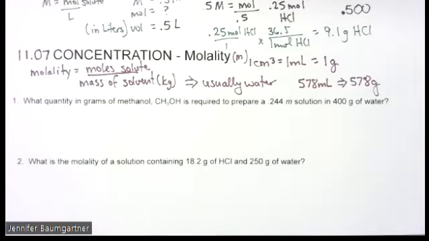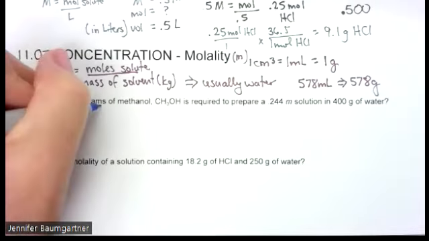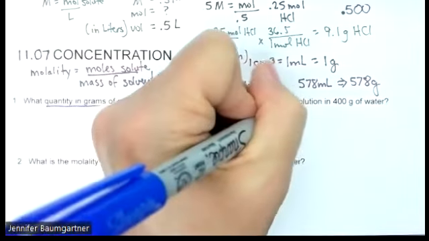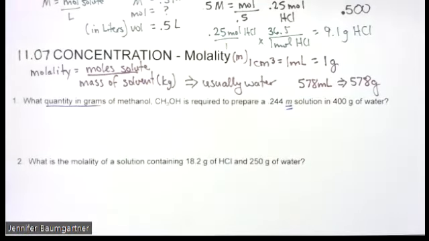What quantity in grams of methanol is required to prepare a 0.244 molal solution, which is a weird word, everybody say molal, in 400 grams of water? So they're asking me for grams, but I have molality on here. So the first thing I do is write out my equation.